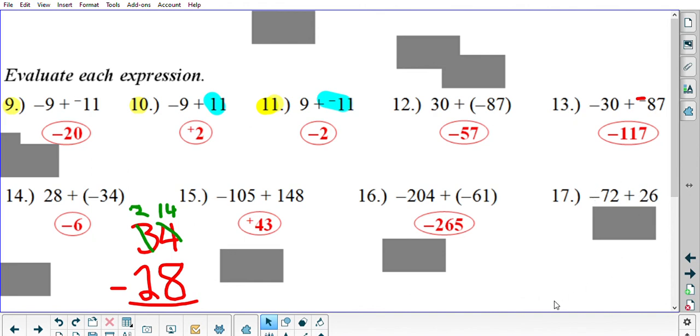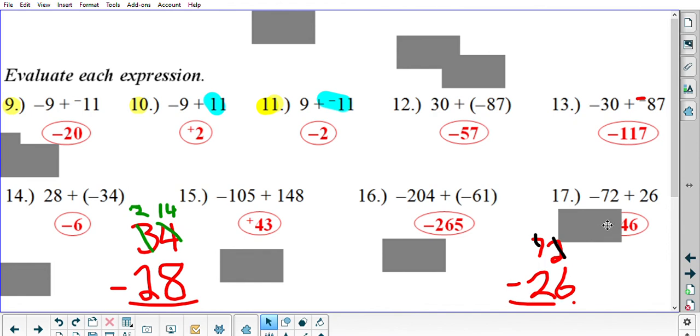This one you might have done off to the side because this involved some borrowing. If I were you, I would have gone off to the side, put the bigger absolute value on top, which was the 72, then put the 26 underneath, okay? And then do the subtracting, do the borrowing, okay? And when you do all that, you will end up getting 46.